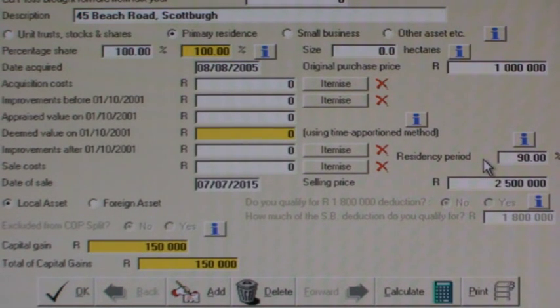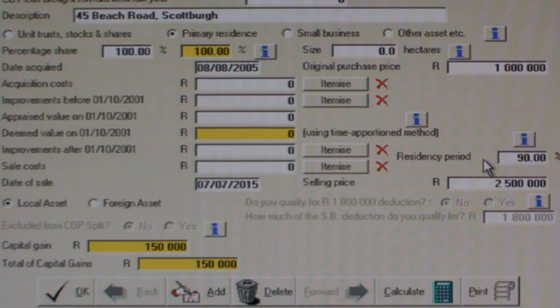In this case, 90% of the 1.5 million profit is 1.35 million, which is less than the 2 million rand primary residence exclusion. This means that we ignore the primary residence exclusion and the amount for capital gain is the non-residency period of 10% of our profit of 1.5 million.